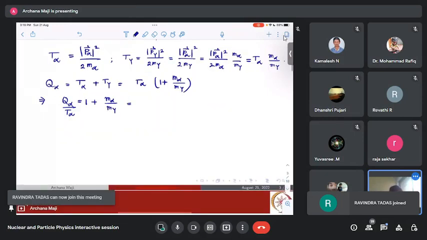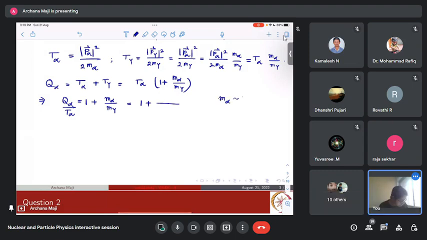This can be approximated: m alpha is 4 atomic mass unit, and m_Y, the mass of the daughter nucleus, is A prime atomic mass unit. So 4 divided by A prime.